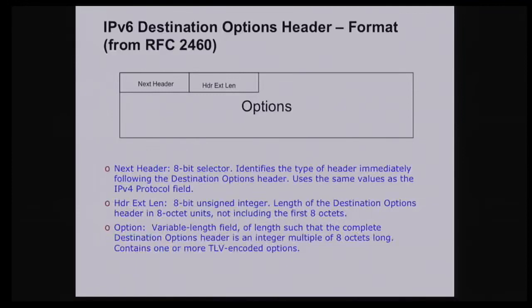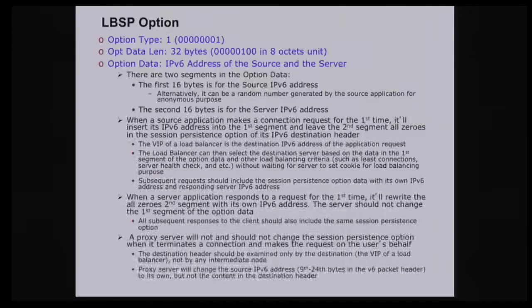Its format is as such. I believe everyone is familiar with this. You define the option type, then the option length, and then the information that is going to be contained in the options.